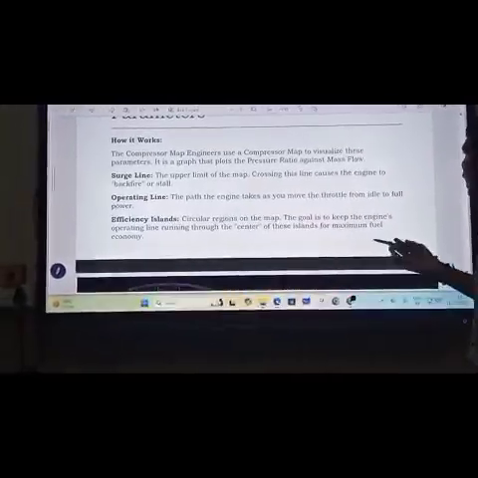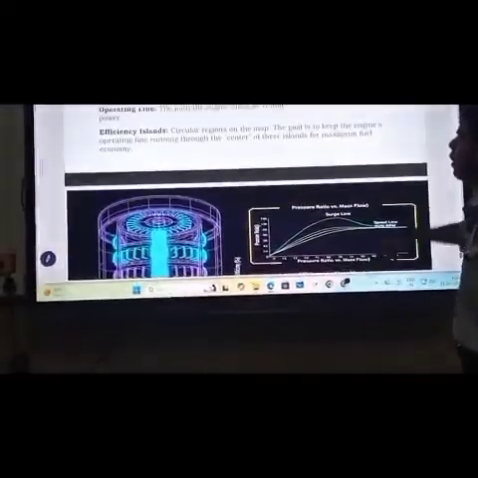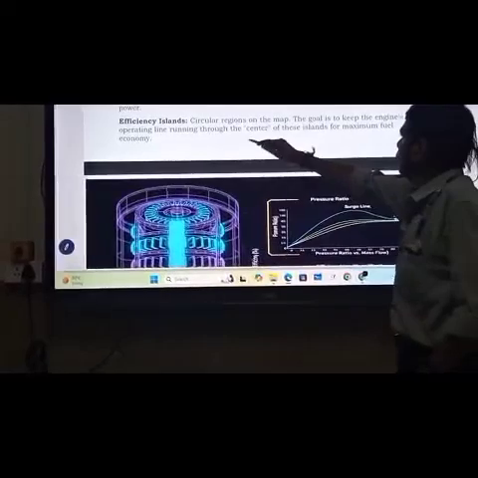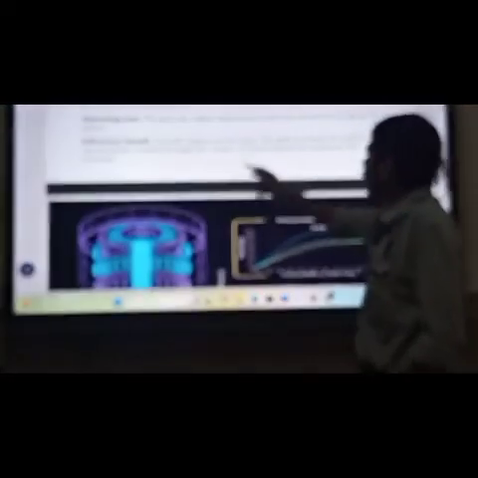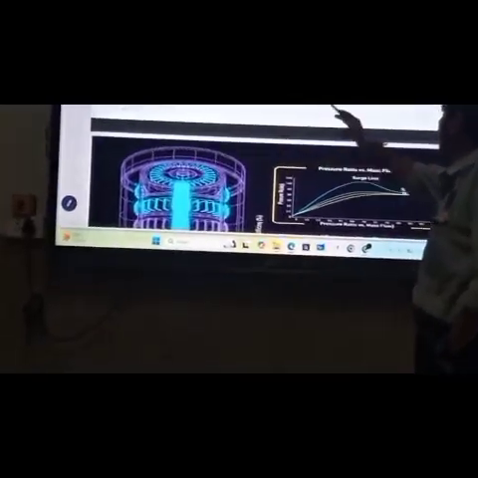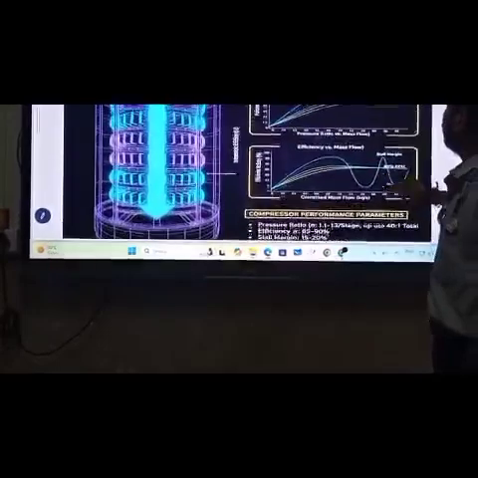The operating line shows the engine's path as you throttle from idle to full power. Efficiency islands are regions on the map; engineers keep the engine running through the center of the islands for maximum fuel economy.